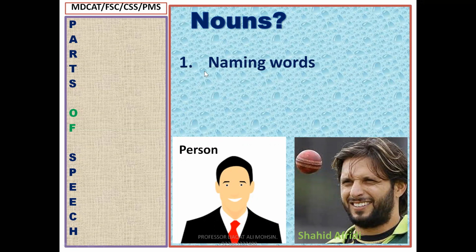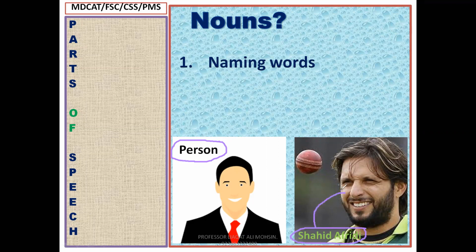This noun, person, is indicating that it can be anyone. This is the indication of a common noun. And when we talk about Shahid Afridi, it means that only that person is being referred to. That is called a proper noun.